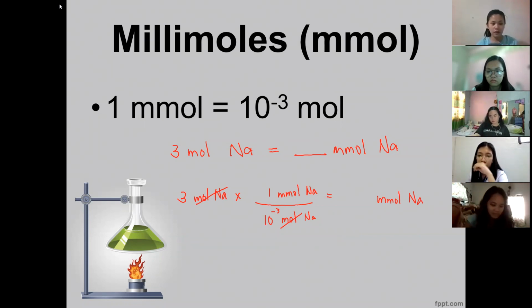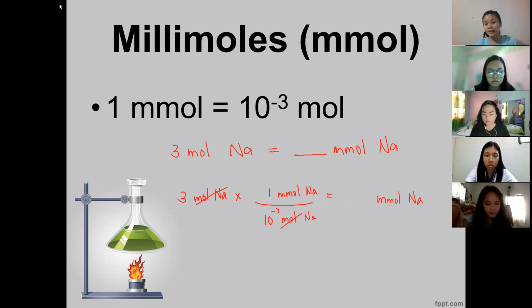Okay, 3,000. Ano ginawa niyo sa calculator ninyo? 3 divided by unsa? 10, tapos unsa sunod? The correct answer here is 3,000 millimoles of sodium. What happens sa calculator ninyo?